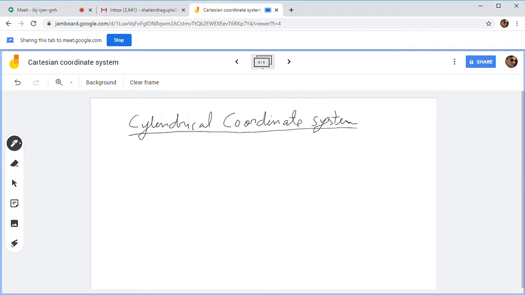In cylindrical coordinate system, how is it defined? Let us take the reference xyz. We will understand this coordinate system with your rectangular coordinate system. Okay, these are your rectangular coordinates which you are very much familiar with.